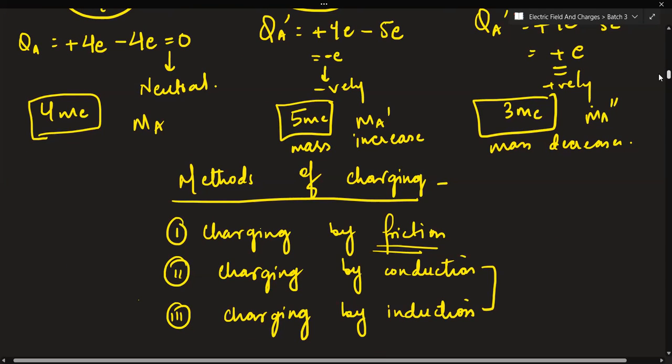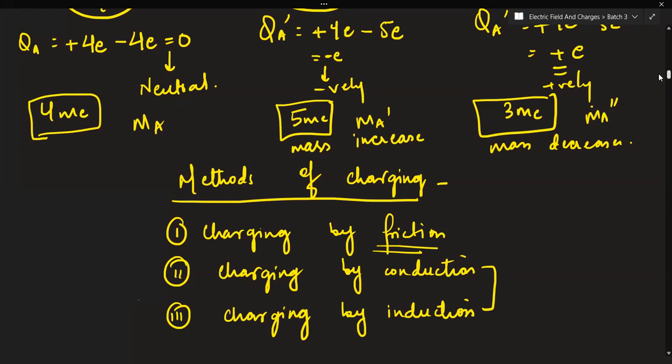The first one is very easy, charging by friction. This is easy because you have already studied frictional force in class 11. In case of charging by conduction and charging by induction, these are new topics. Now in charging by friction, what happens? Frictional force is the force that comes into action whenever a body is in motion.